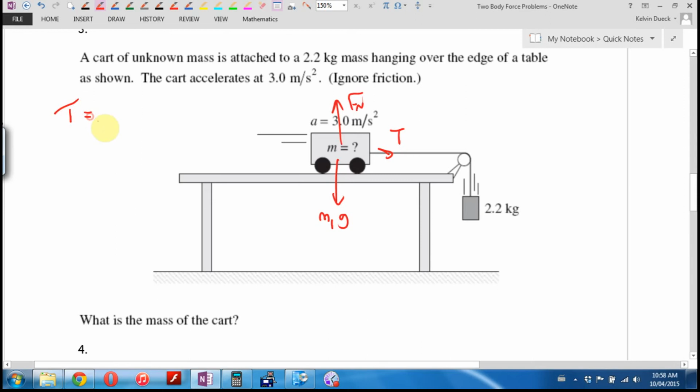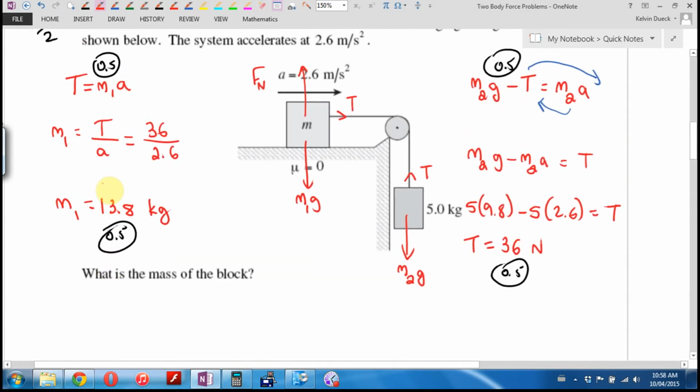Tension. Who's losing? M1A. Sorry, no loser. Winner minus no loser equals M1A. M1 equals tension divided by A. You know what? I think this looks exactly the same as what we had here. Tension equals M1A. M1 equals tension over A.